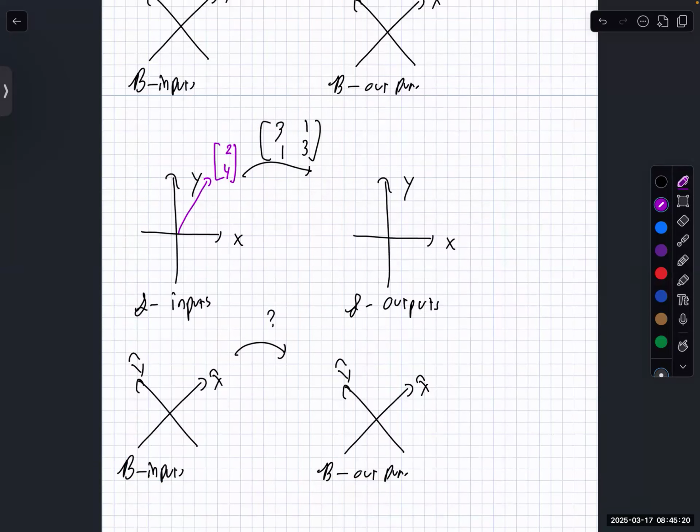Let's see. 3, 1. And then when I apply this matrix, that is 6 and 4 is 10.